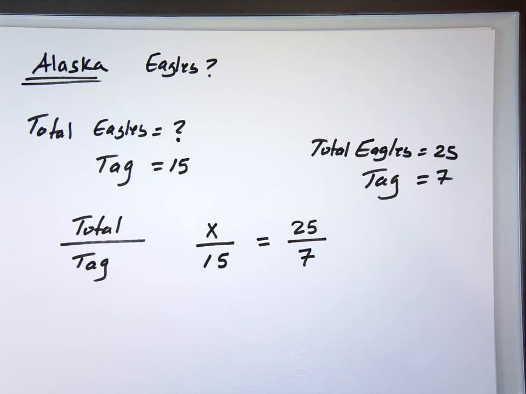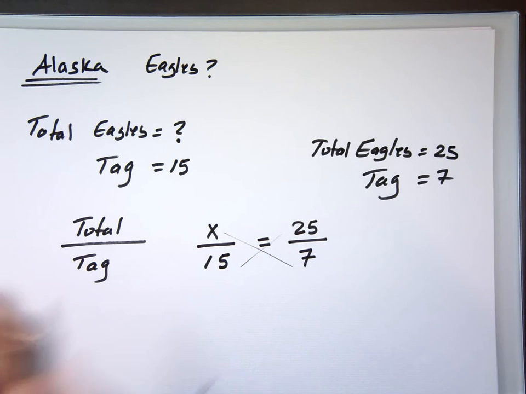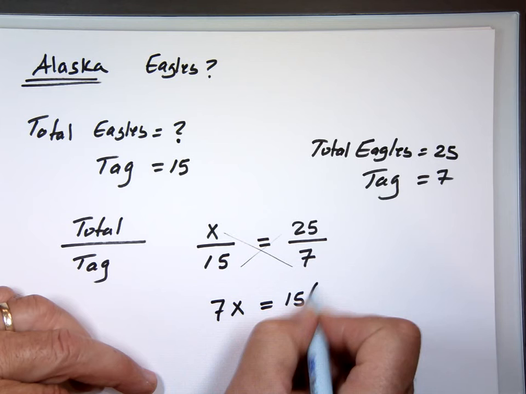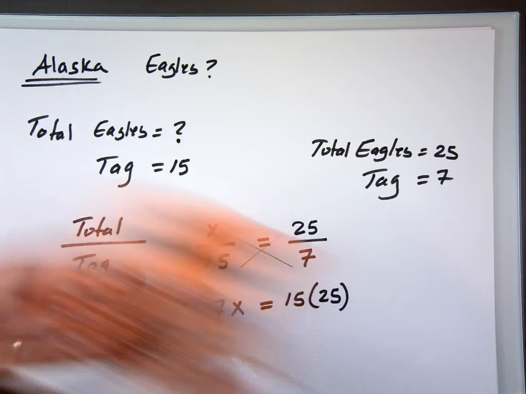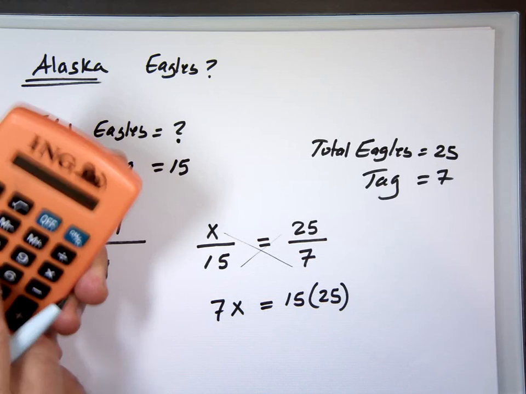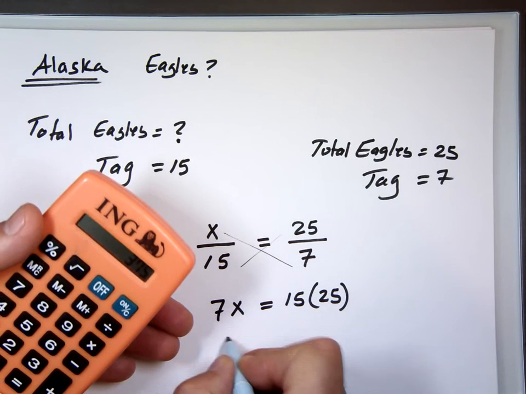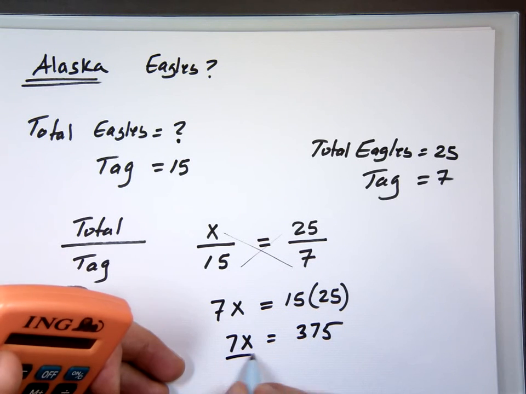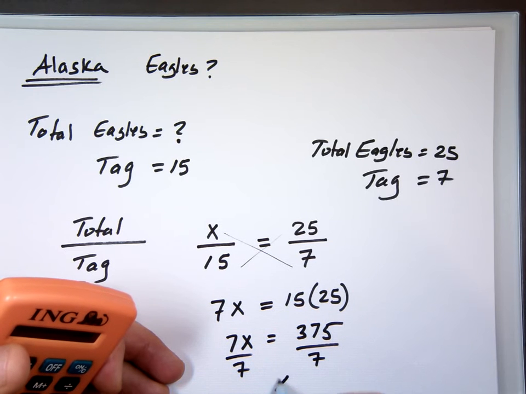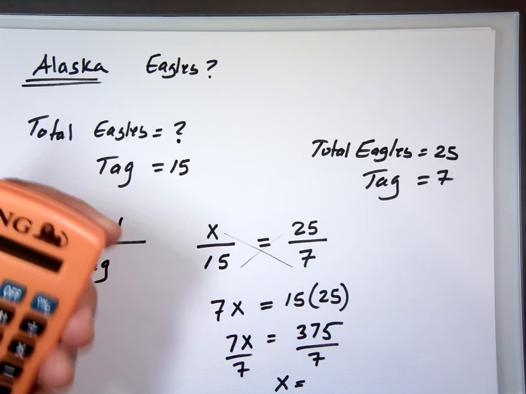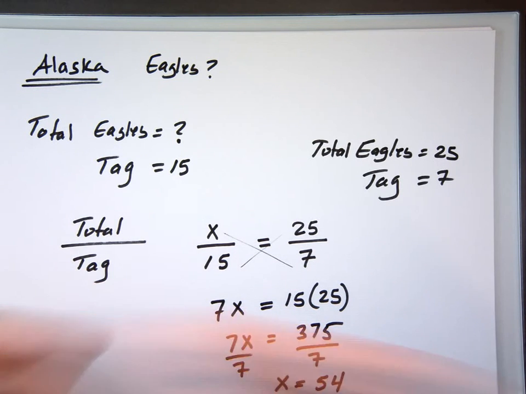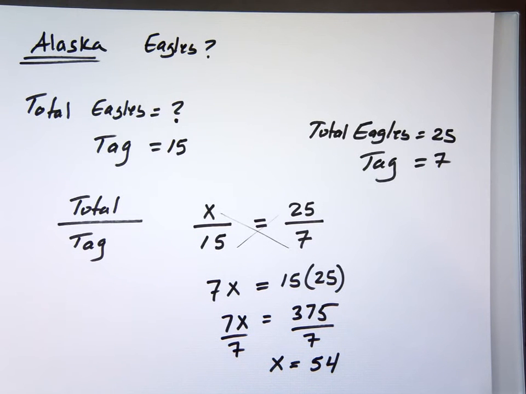Can I cross multiply? 7x equals 15 times 25, which is 375. You divide by 7 to get x. And we estimate about 54 bald eagles living in Alaska, based on my numbers.